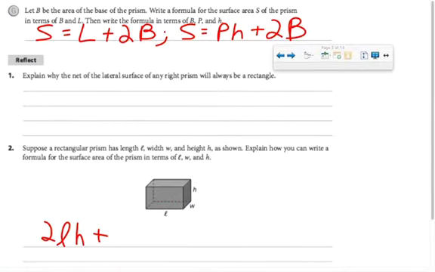Similarly, I would have 2 rectangles whose dimensions are L and W, so 2LW, plus 2 rectangles whose dimensions are W and H, so 2WH. So that's another way you can find the surface area of a rectangular prism.